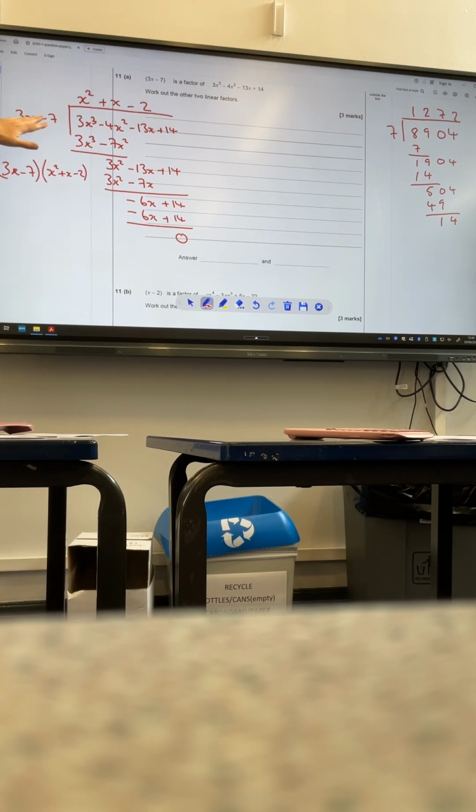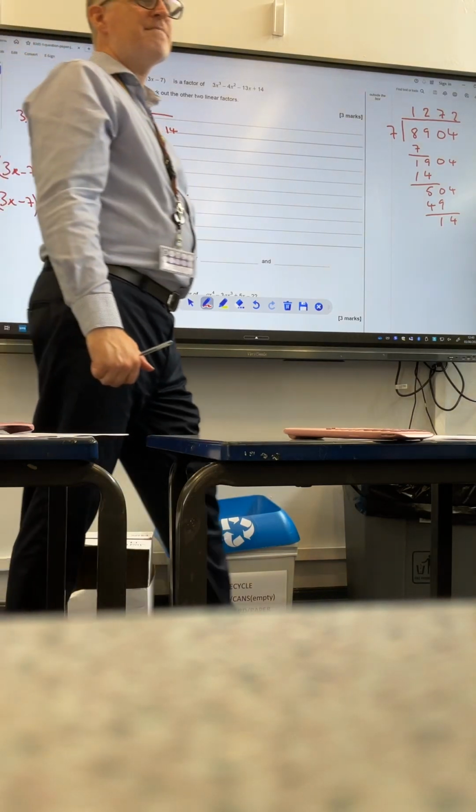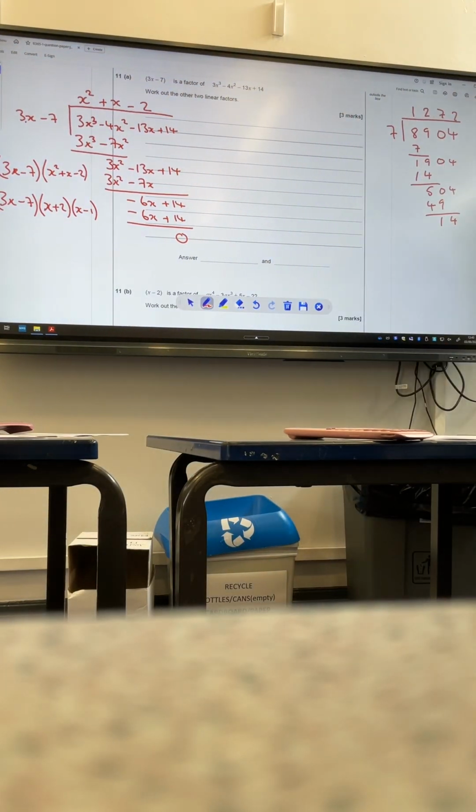I've found how many times that goes into that, so that's my factors. I can then factorise this, 3x minus 7, and that's going to be x plus 2, x minus 1. It's coming back. X squared plus x minus 2.